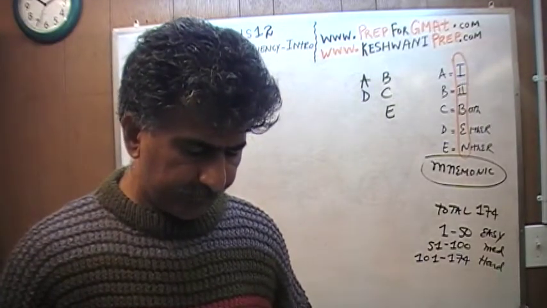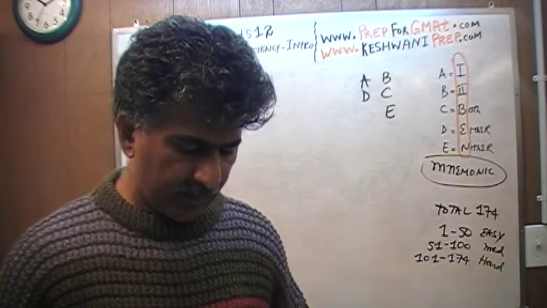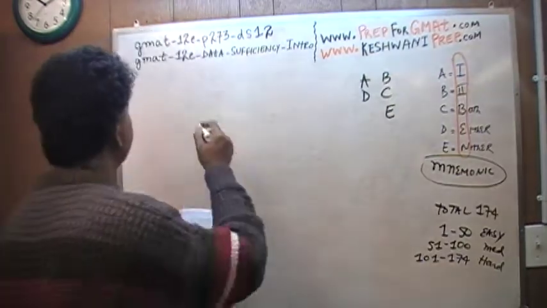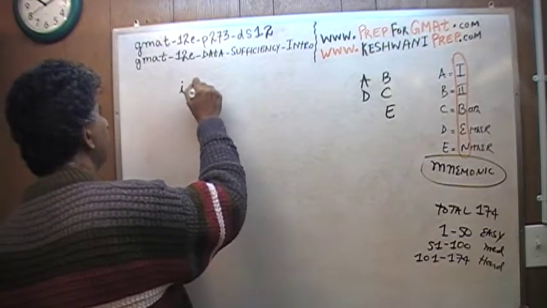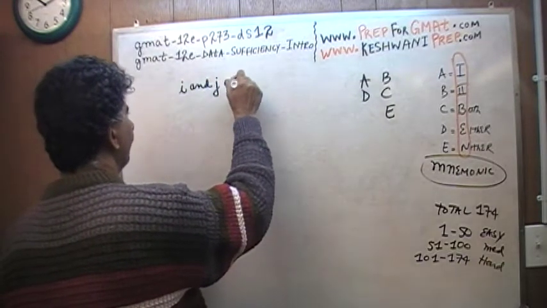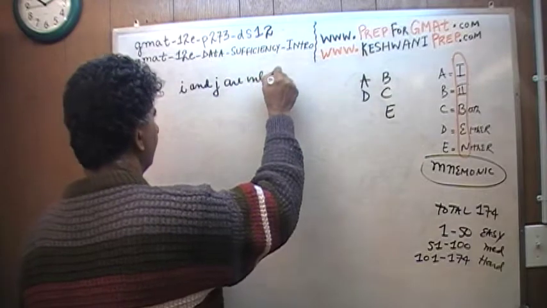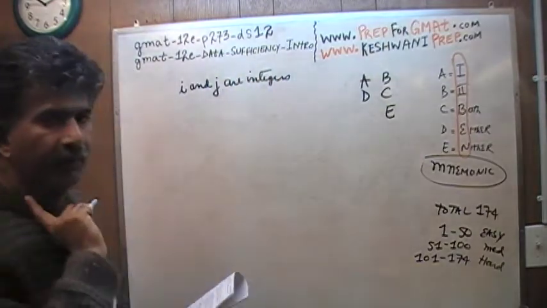The question simply is, if I and J are integers, we are told that they are integers, they are whole numbers.